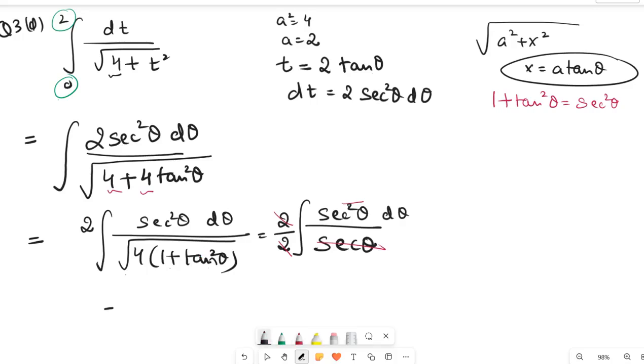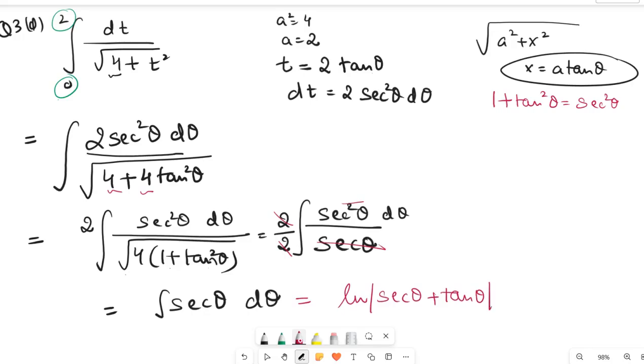So what we have here is the integral of secant theta d theta. You should remember that the integral of secant theta is natural log of secant theta plus tangent theta.